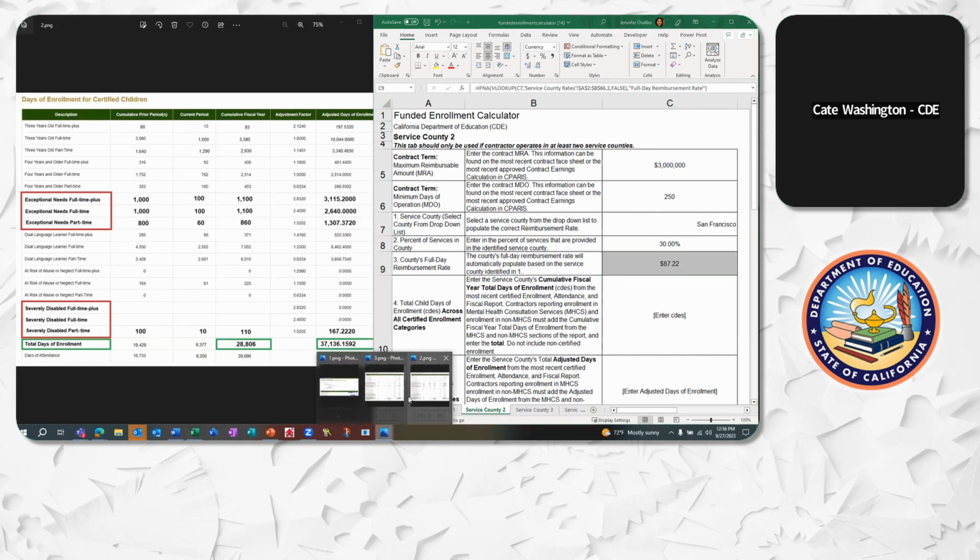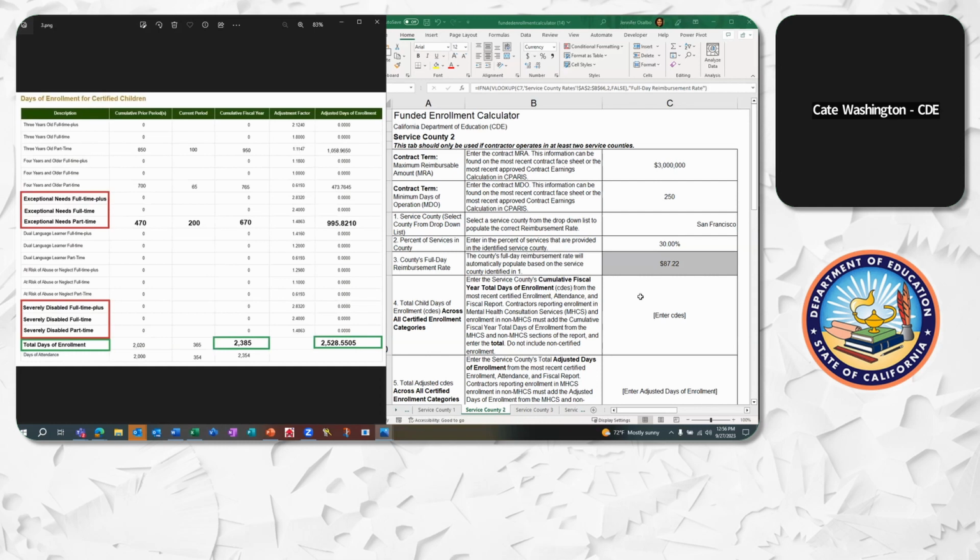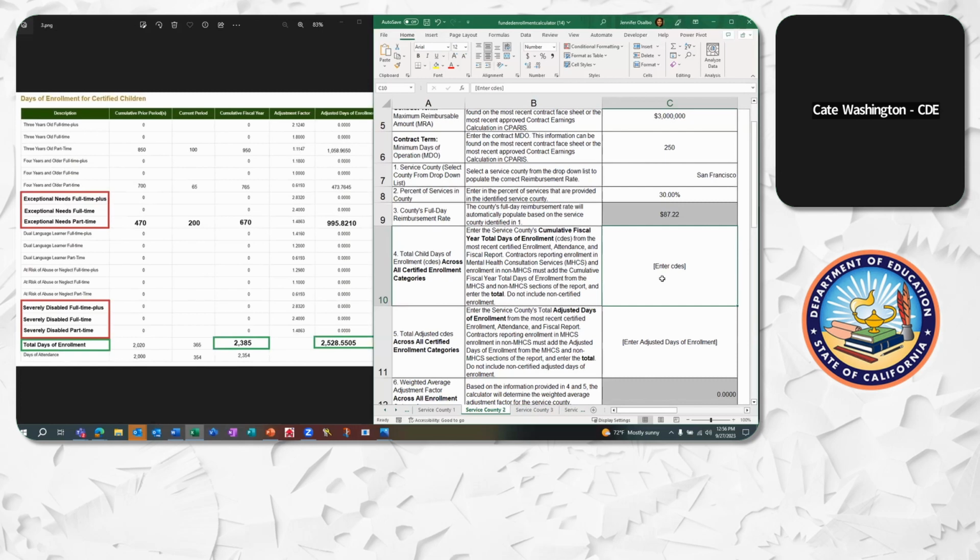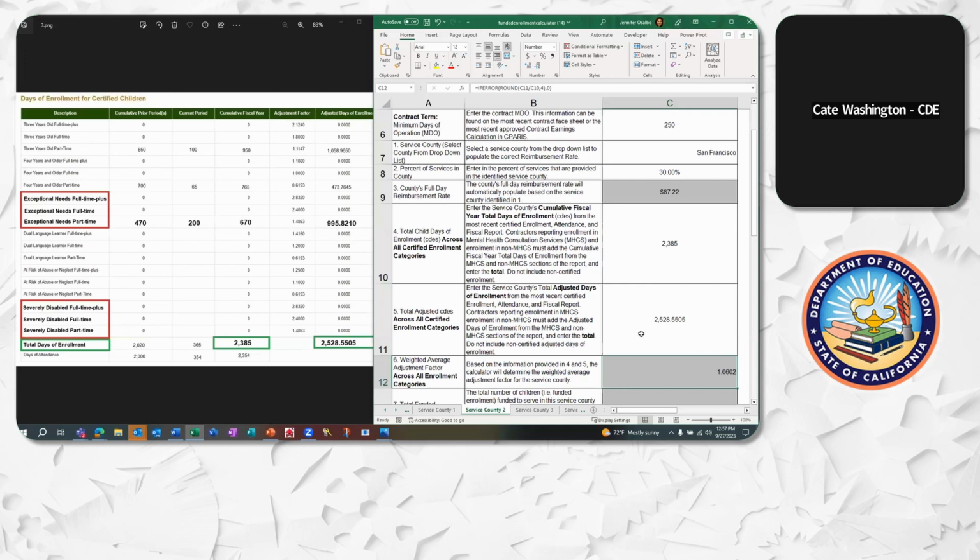Again, using the enrollment, attendance, and fiscal report and looking at this county's tab, we have 2,385 unadjusted days of enrollment and 2,528.5505 adjusted days of enrollment. And in this county, the agency's funded enrollment is 39.